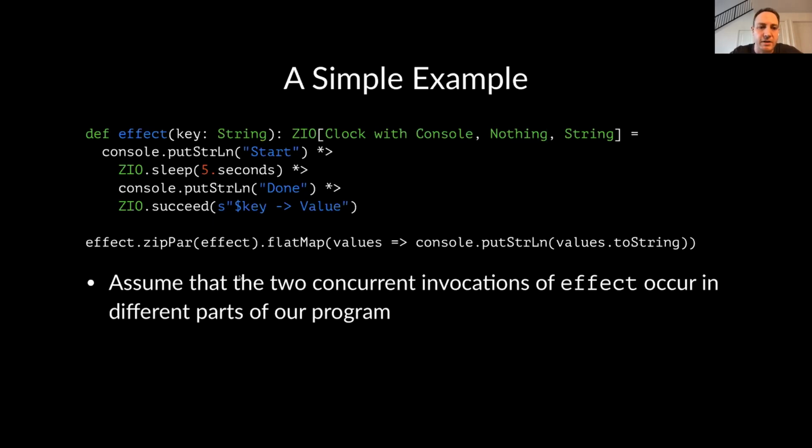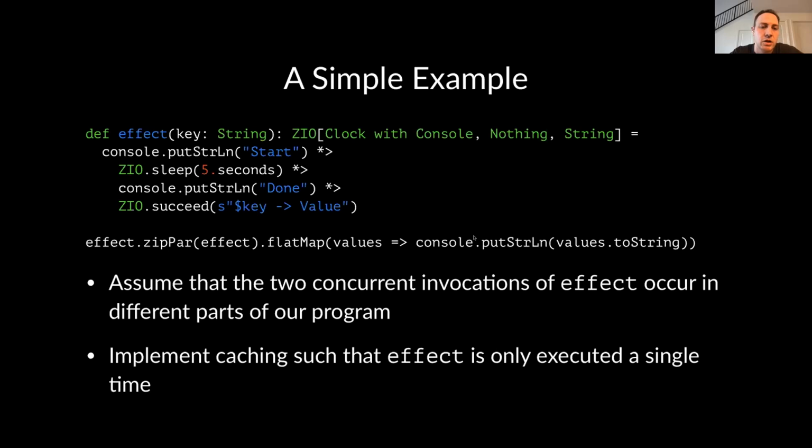So it's not at all obvious that these things are happening at the same time, but they're doing the exact same computation. It's an expensive computation, and we only want to do it once. So how can we implement caching so that we ensure that this effect is only going to be evaluated once and its result is going to be available to both parts of our program?